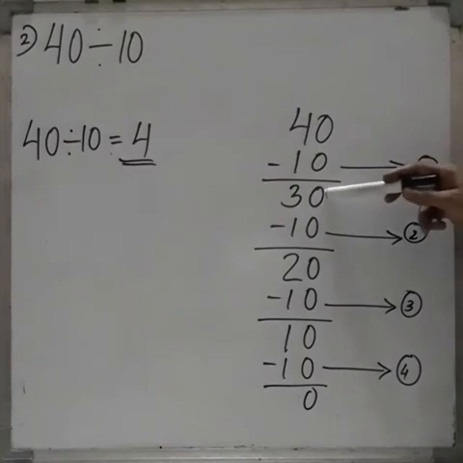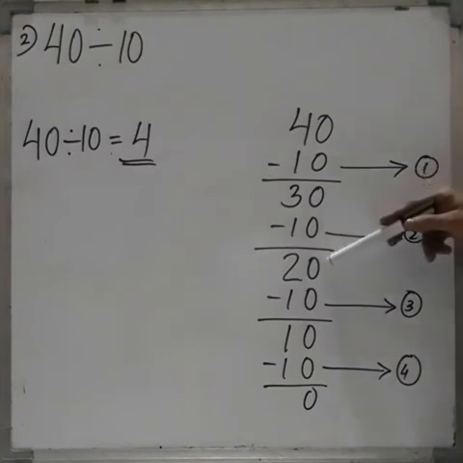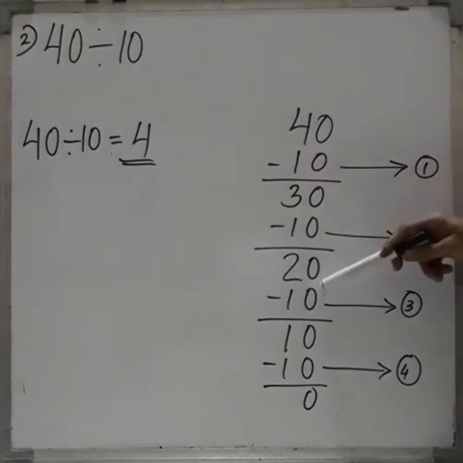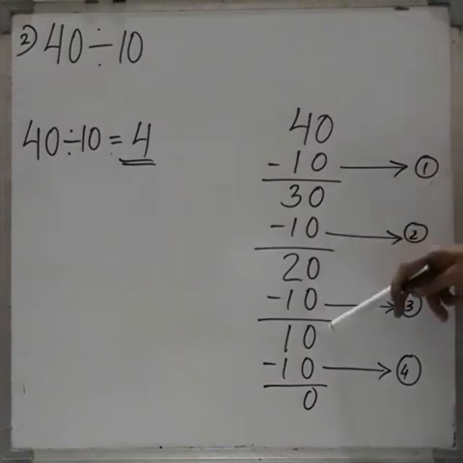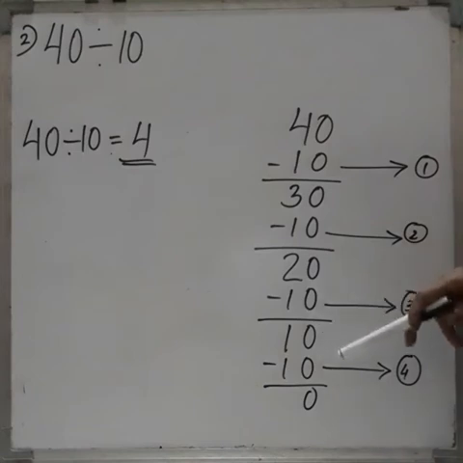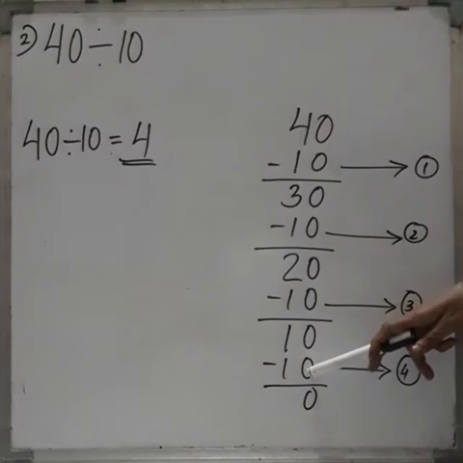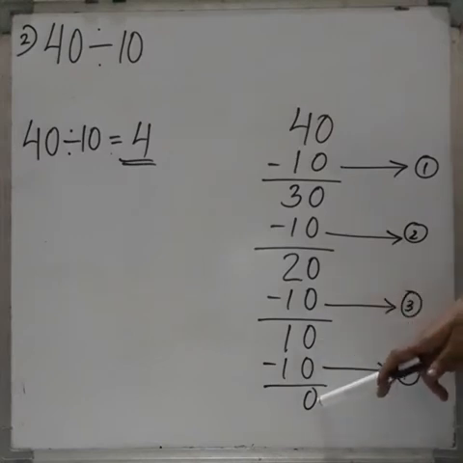Second time we are going to subtract 10 from 30. The answer we are getting is 20 here. Again we are going to subtract 10 from 20 and the answer is 10. And finally we are going to subtract 10 from 10 and we got the answer 0.